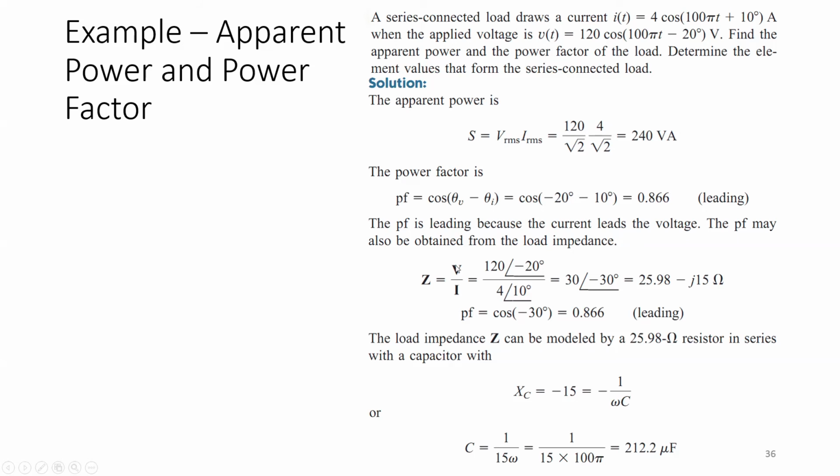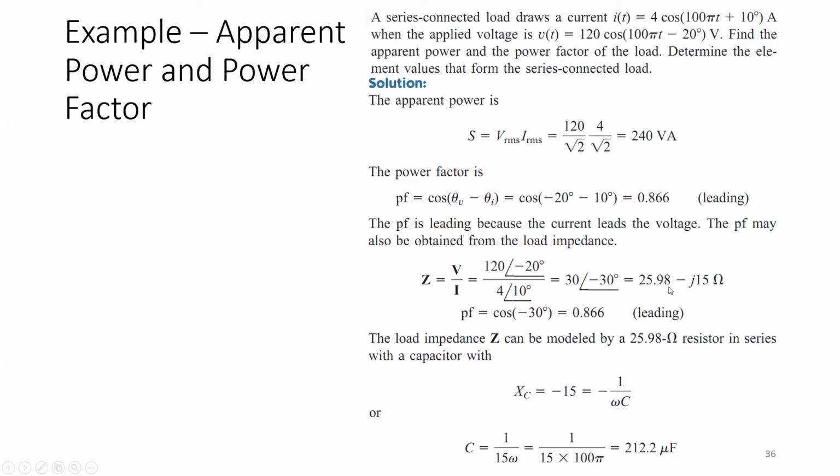Next, we are going to see the impedance value, which is voltage upon current, and by putting the values, the phasor values of the voltage and current can be drawn from these two given functions, and we see that the impedance is 25.98 minus j15.